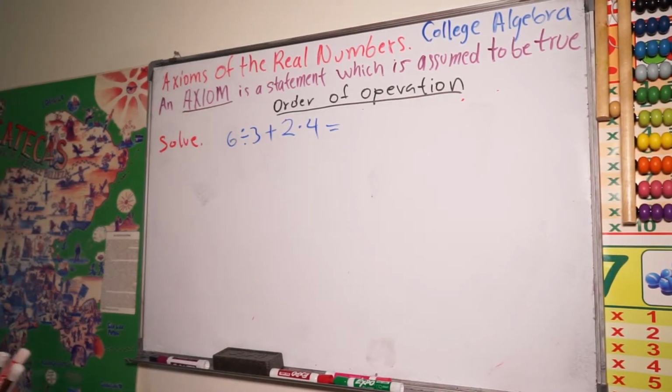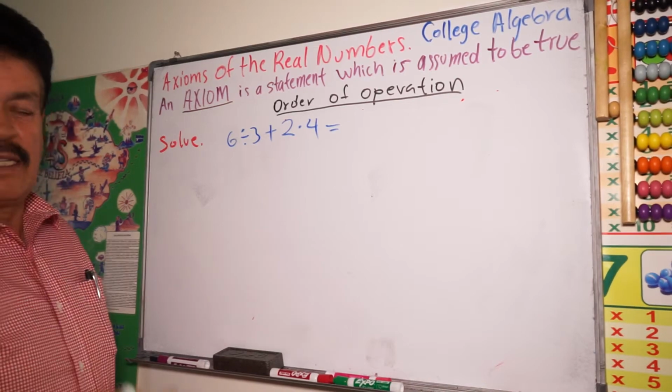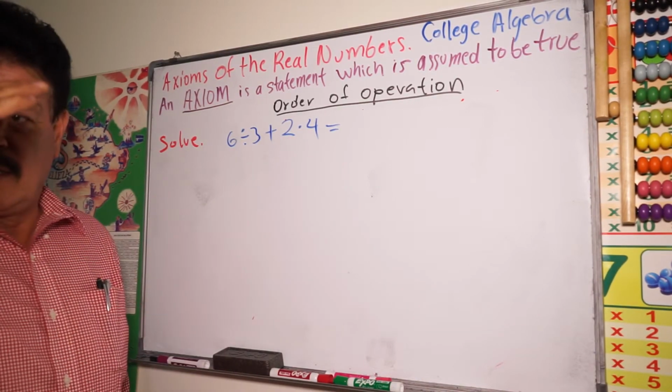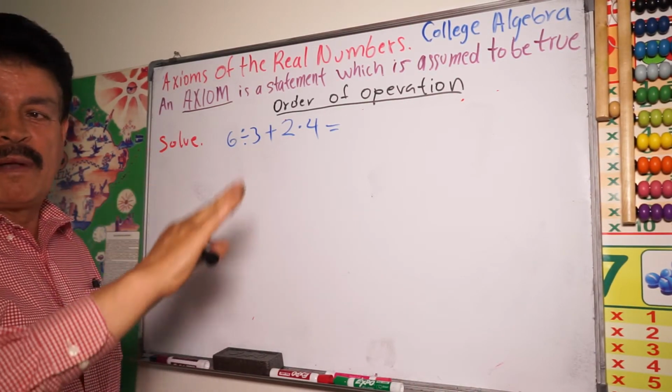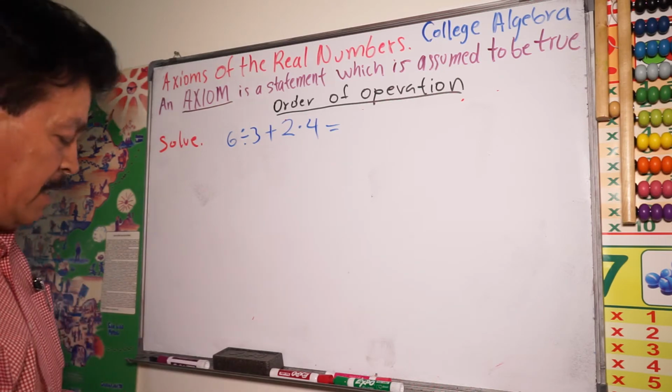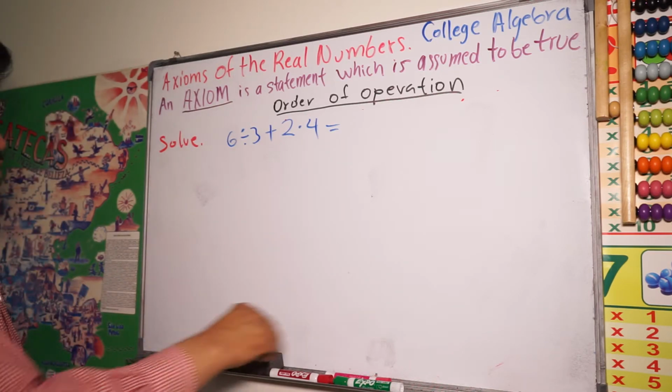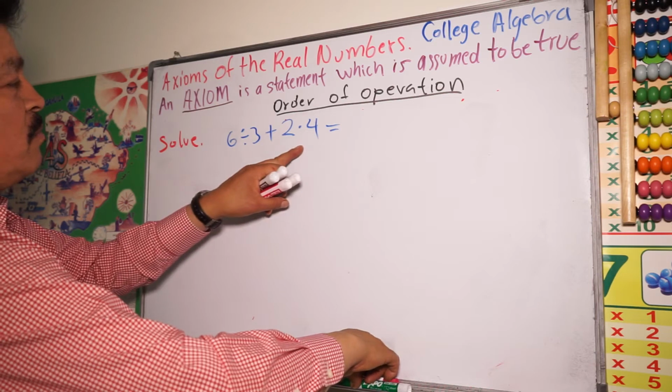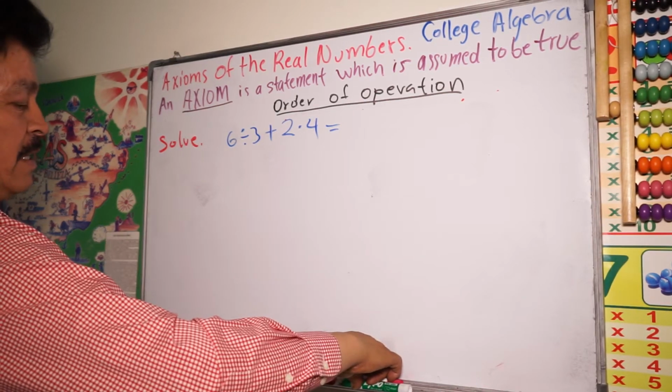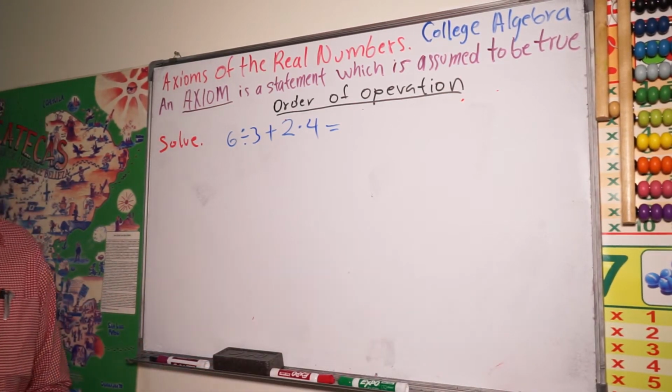This is one example of an operation. How do we solve it? Remember, first step, parentheses. We don't have parentheses. Next step, multiply or divide. In this case, we have one division and one multiplication.